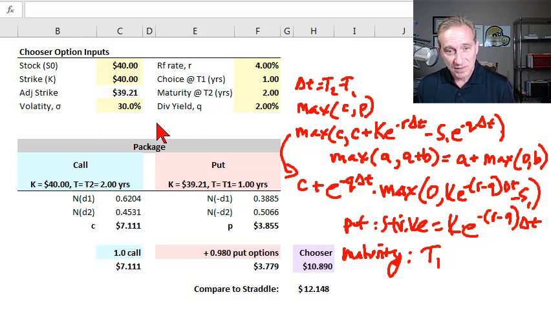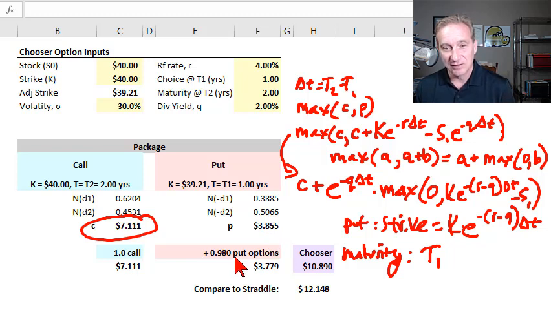Under these assumptions, this chooser option with a 2-year ultimate maturity, the call price is $7.11. You can see right there, that's the value of the call at time 0. And the value of a full put would be $3 and almost 86 cents.